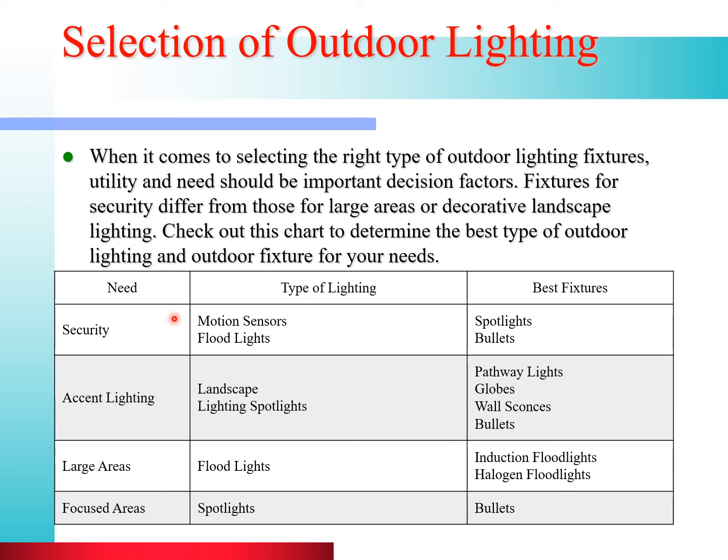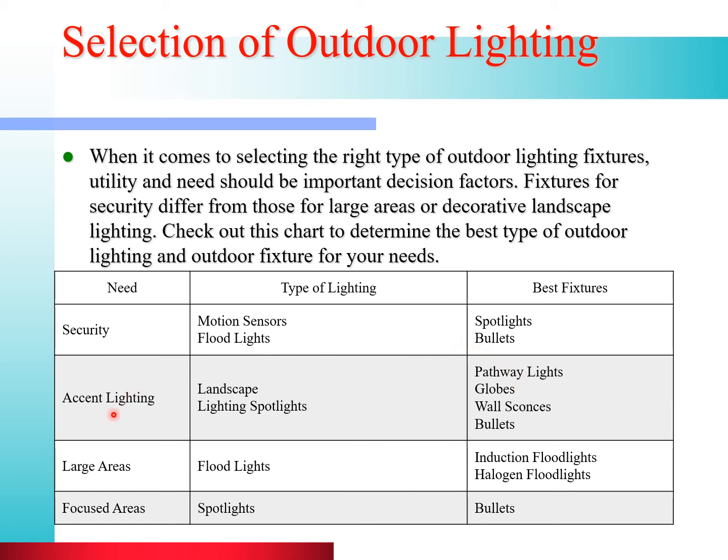In this table, in the first column the need is given, then in the second column the type of lighting is given, and the best fixtures will be given. First we will see the security reason. The type of lighting is motion sensor, the best fixture is the spotlight, and for the floodlight it is bullet type.